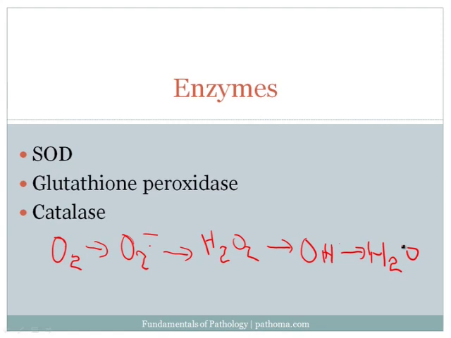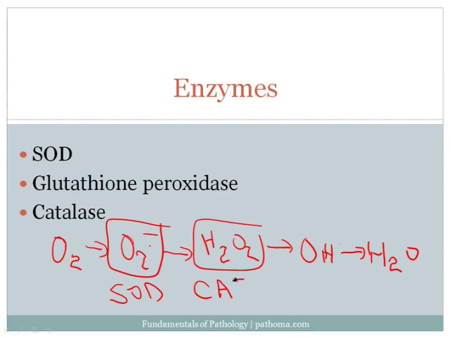And then I use this paradigm to remind me of the enzymes, because each of these three free radicals is handled by one particular enzyme, or predominantly by one enzyme. The first one is easy. This one is superoxide, and guess who handles this? Superoxide dismutase. So superoxide dismutase takes out superoxide. Hydrogen peroxide is handled by catalase.